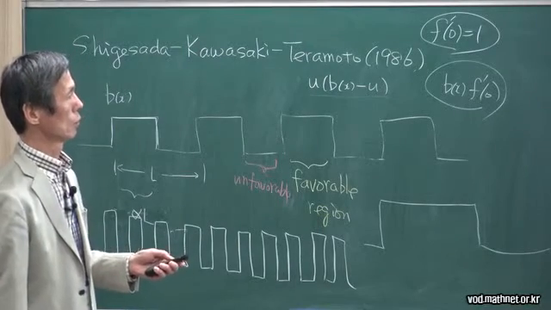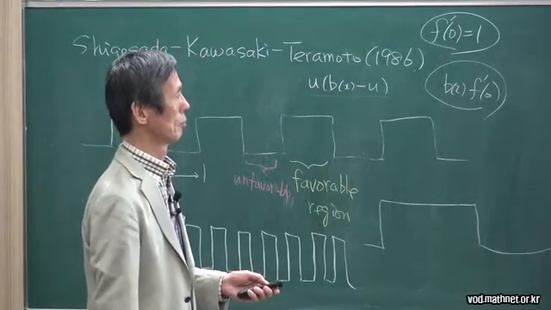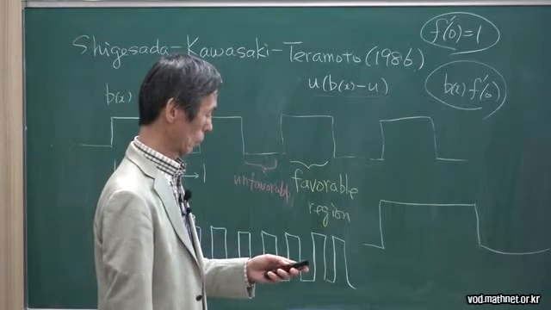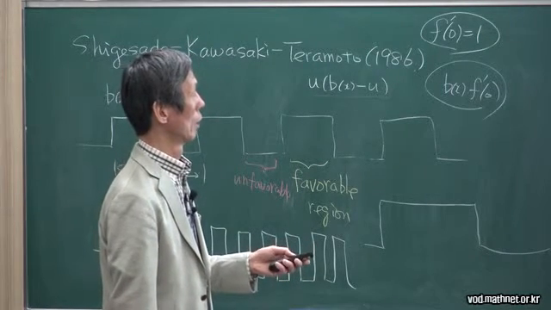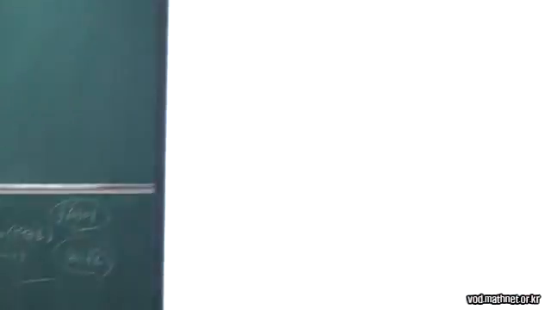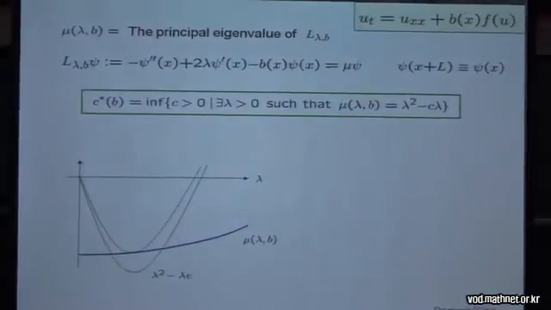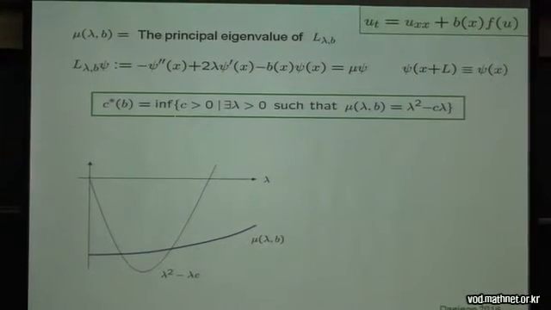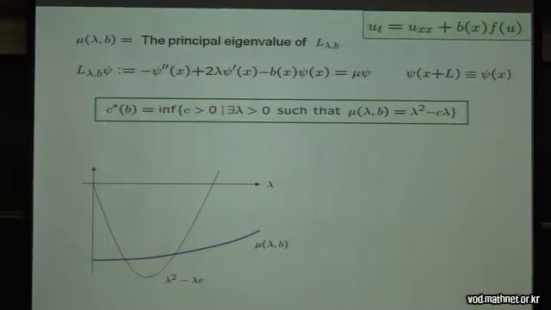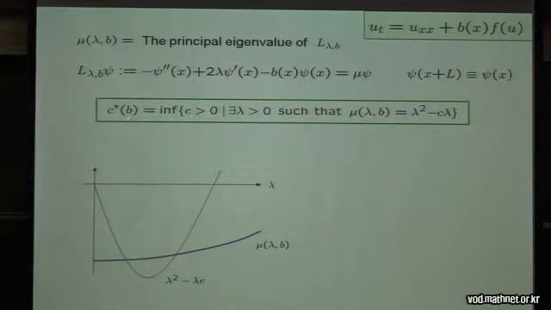Well, in order to study C star beta, what do we need to do? Okay, let's look at the next picture. So we want to find C star B, and B is given.